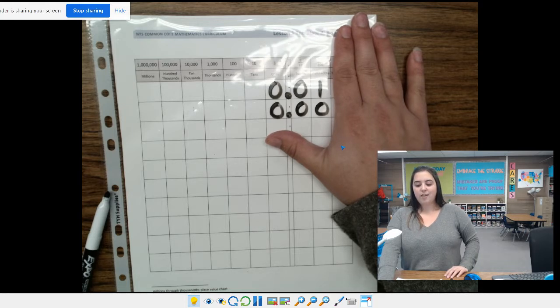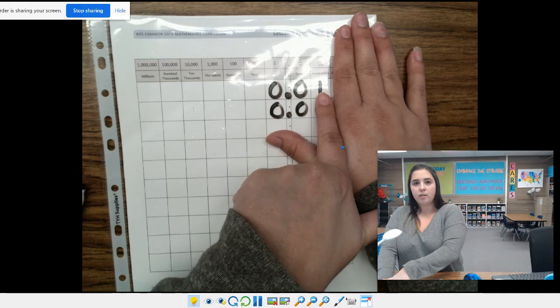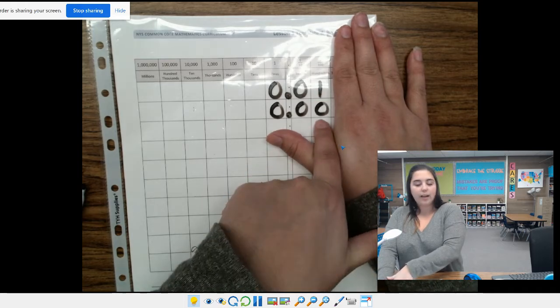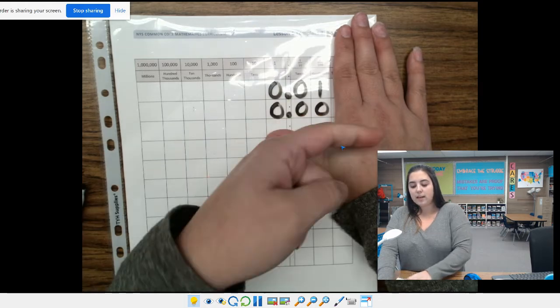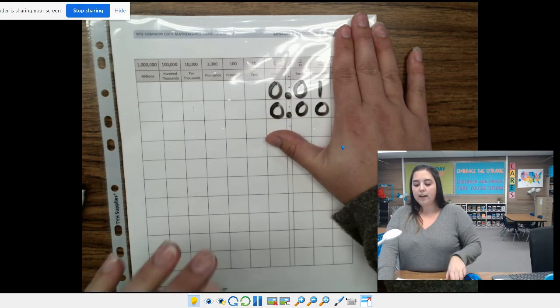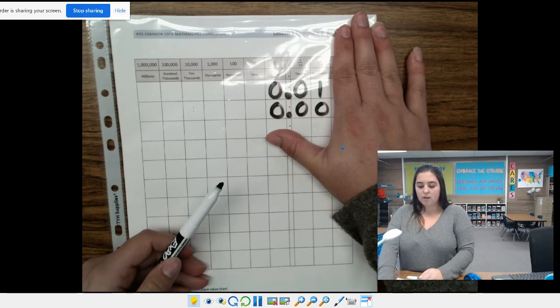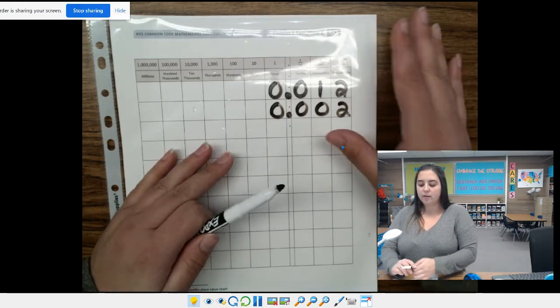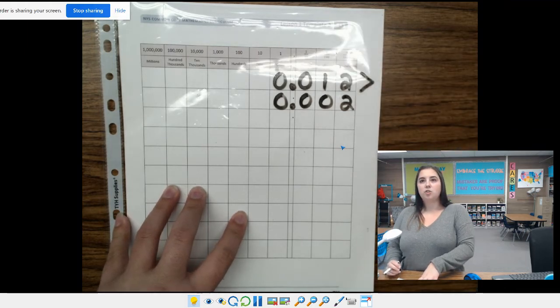We can. The first number has 1/100th. The second one has 0/100ths. So it doesn't matter what's after this. Already I can tell that the top number is going to be larger. Doesn't matter what comes after it. I'm going to put my symbol right there. It's going to eat the larger one.